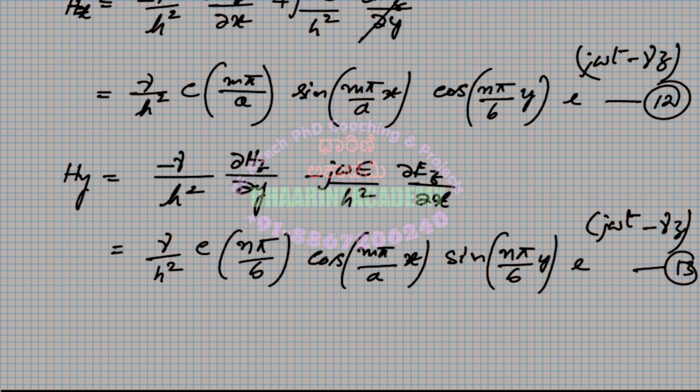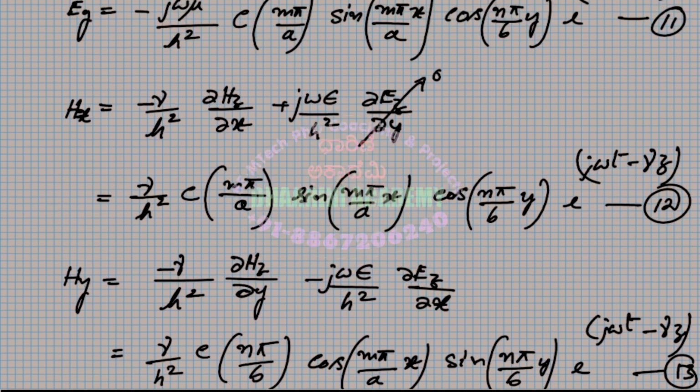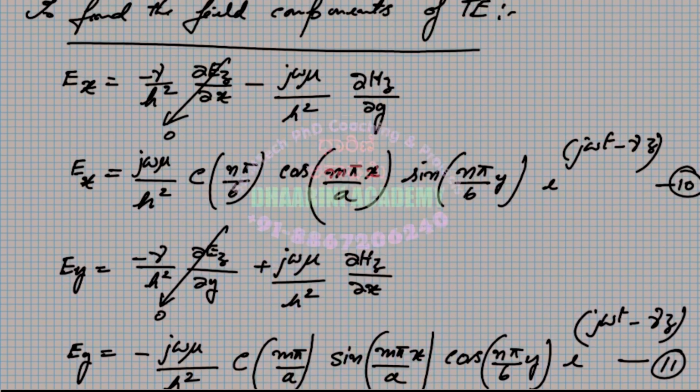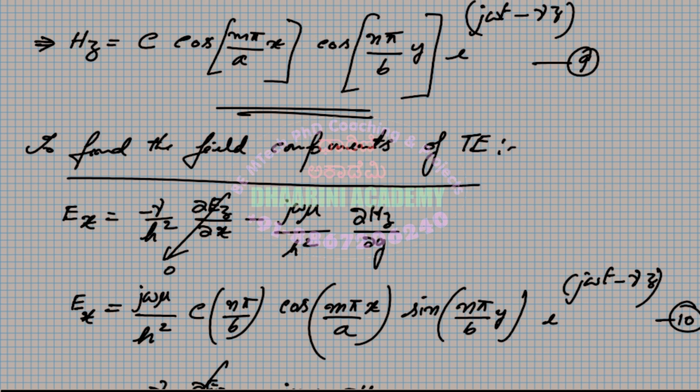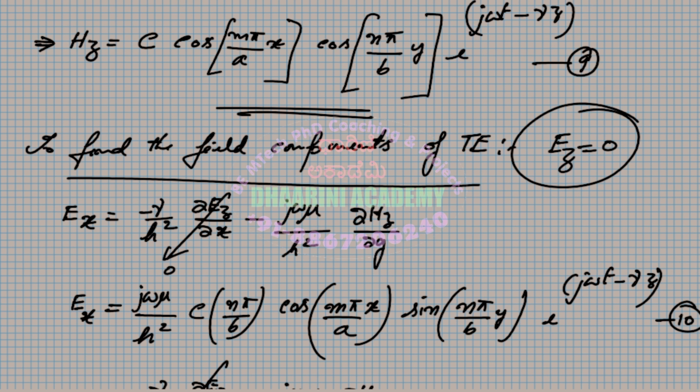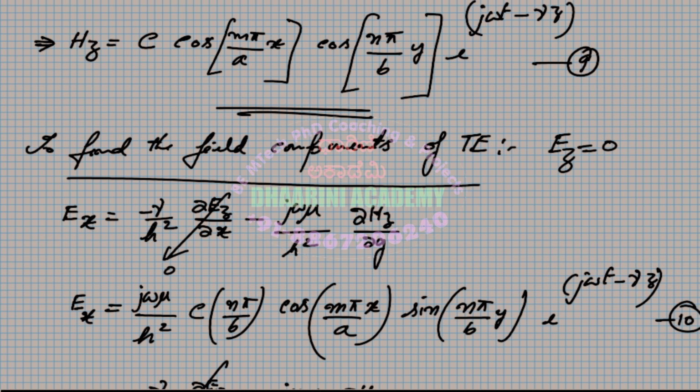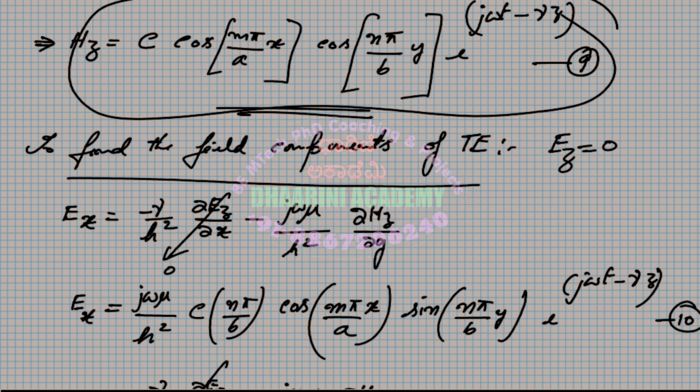So we have all the 6 components with us. So what are the 6 components? Let's start with the type of wave. The type of wave is transverse electric. So as soon as I'm saying that transverse electric, Ez is equal to 0. Very important, very first thing, right? Ez is 0, but Hz exists, and Hz is given by equation number 9. So 2 components you already know.